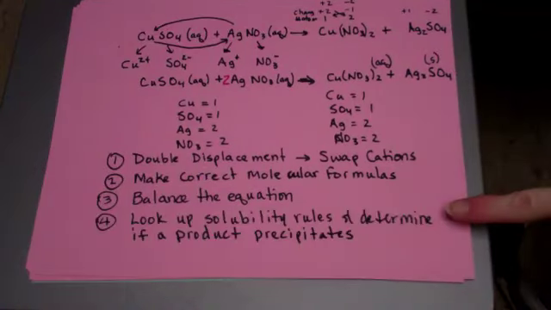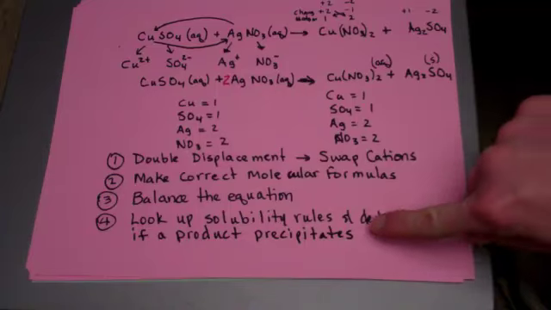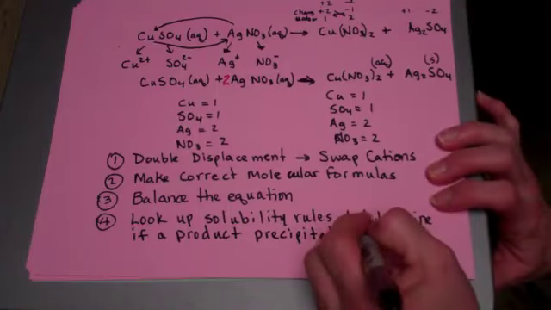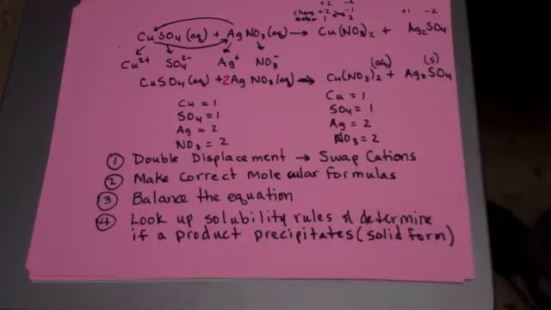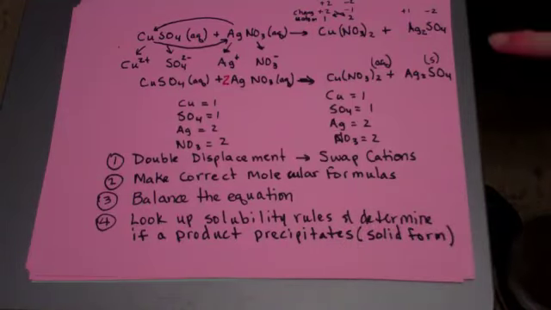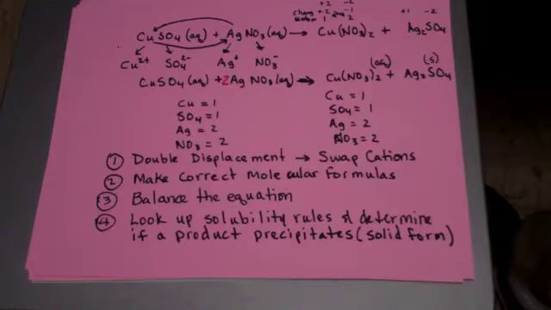So you look up your solubility rules and determine if a product precipitates. That means that it turns into the solid form, and it's going to fall out of solution. In this case, our silver sulfate is going to be the one that comes out of solution.